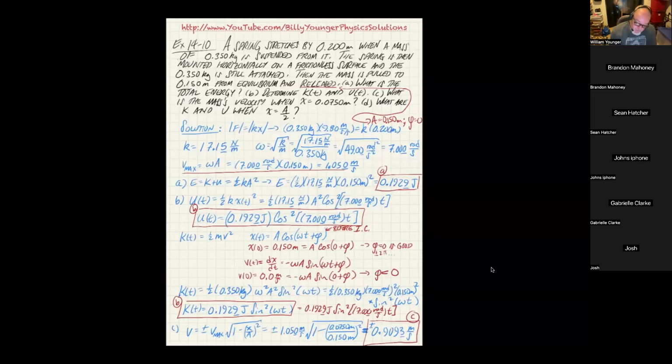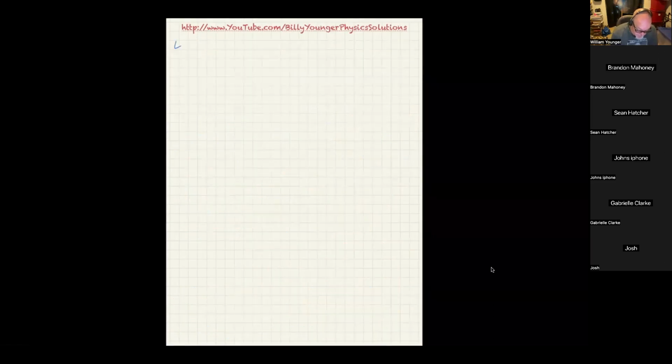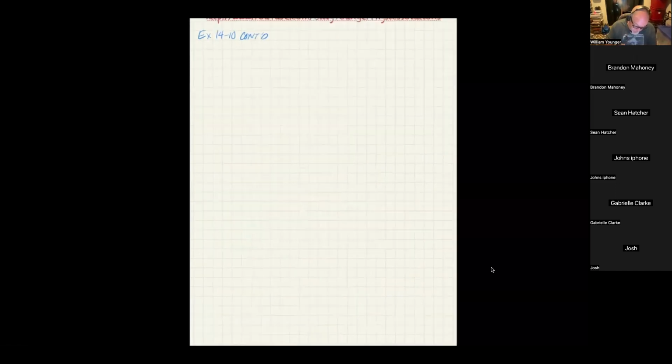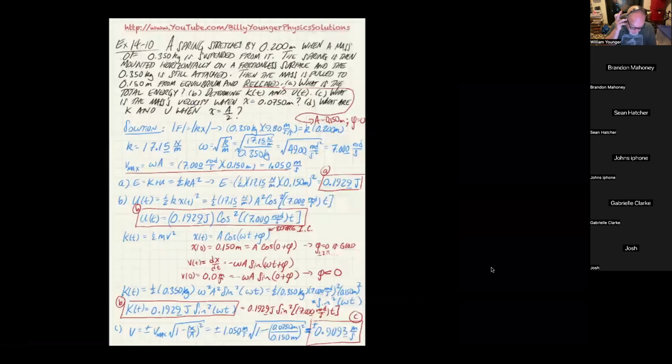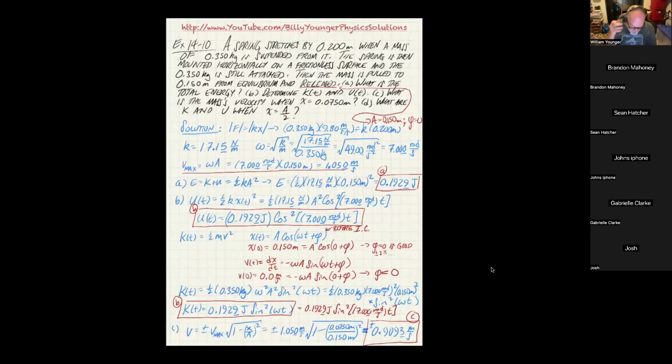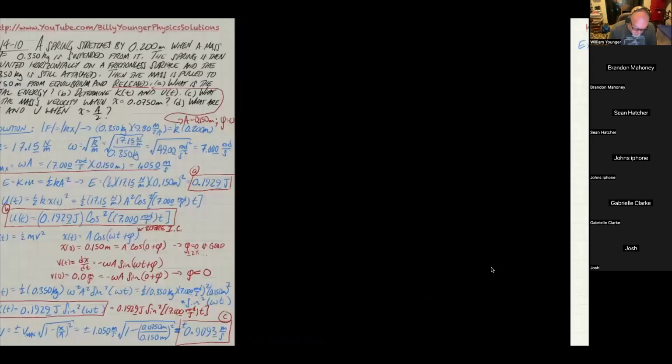So let's say example 14-10 continued. We're now going to do part D. And part D asked us specifically, what are K and U when x is equal to A over 2?